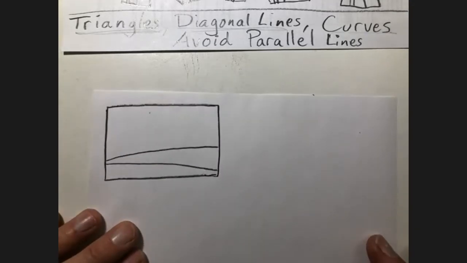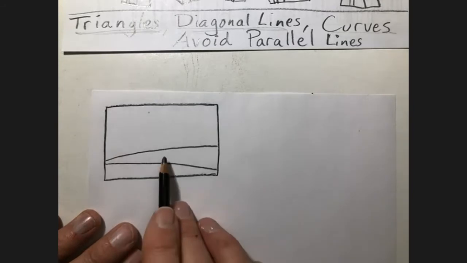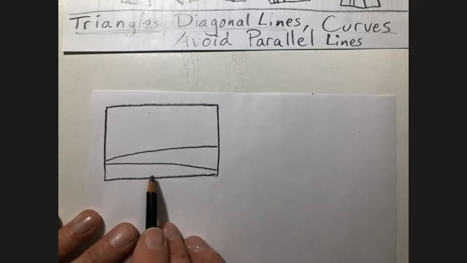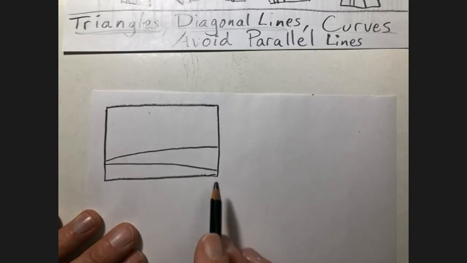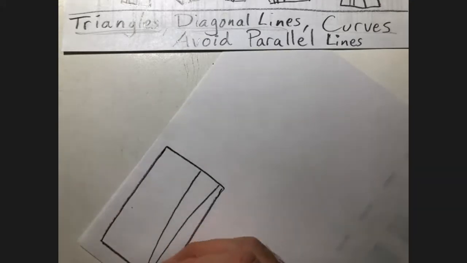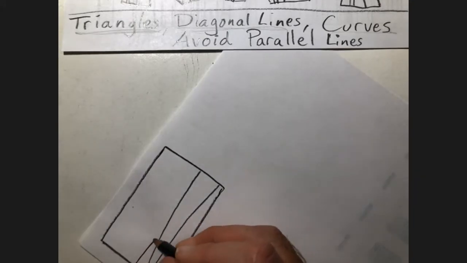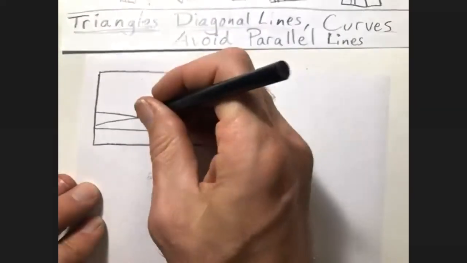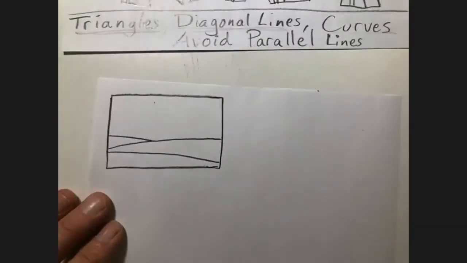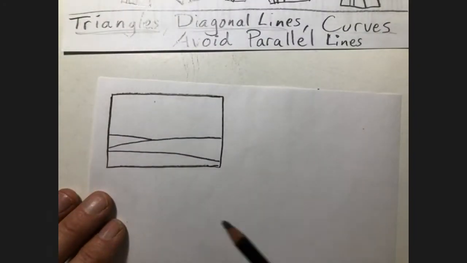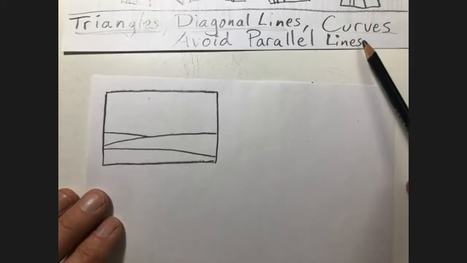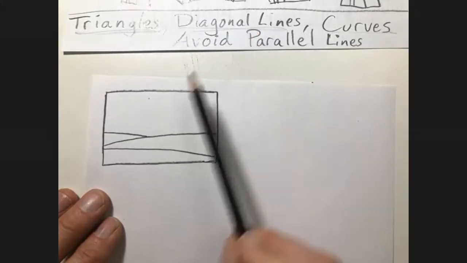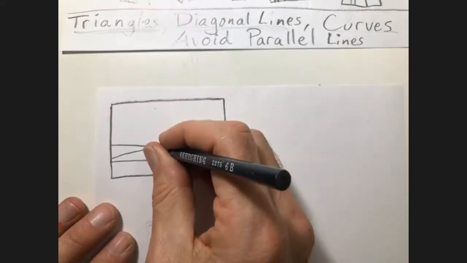You can see they're not perfect triangles, but you should understand what I mean by triangular. Why not throw a little bit of background in there? We can create another triangle. Nothing's parallel, I've got slight curves, and everything is diagonal. It doesn't have to be dramatically diagonal.